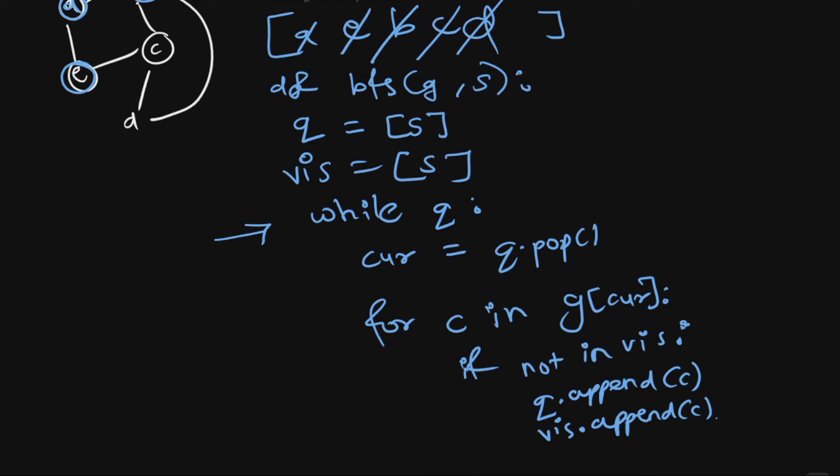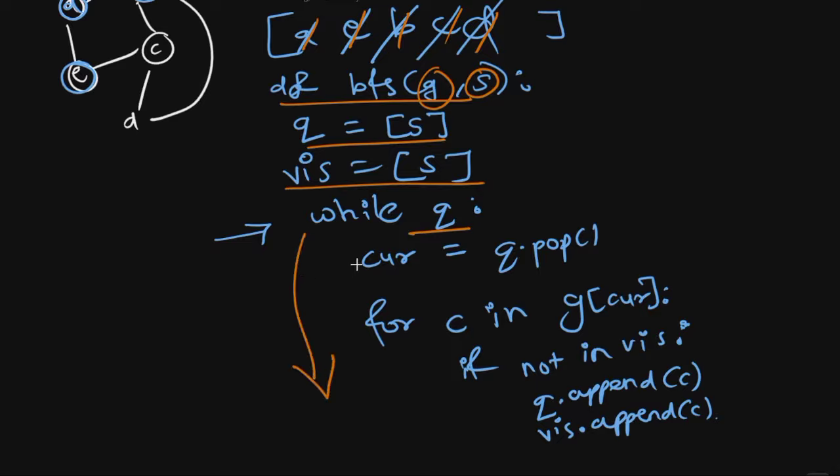If I quickly go through this, here we are defining a BFS function, taking graph and starting node, adding the starting node to queue, and adding the starting node to visited because it is already visited. Then while queue is not empty, because we are removing each of the elements, once it becomes empty it will give false and go out of the while loop.